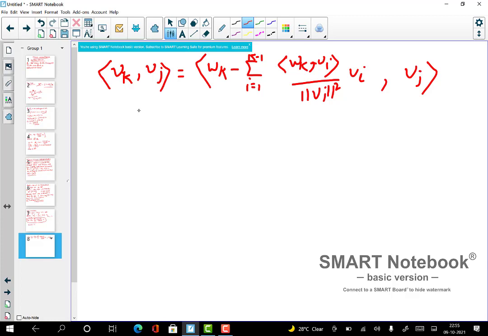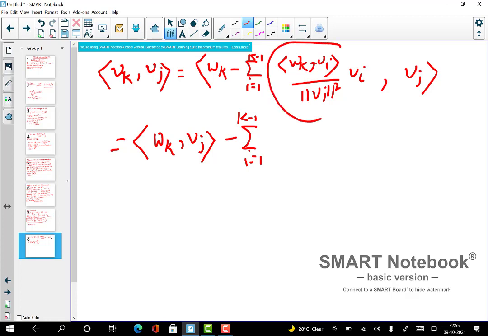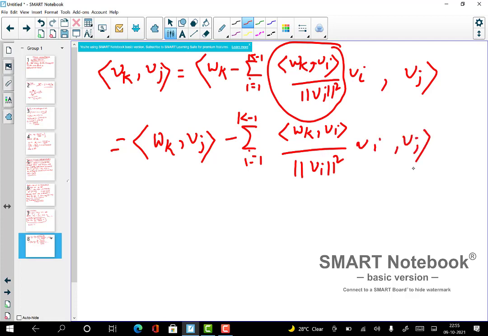Now for any j, the inner product property tells you that this is nothing but Wk comma Vj, and then the inner product and sum, they come outside, so this will be the sum over i equal to 1 to k minus 1, and then this should be a scalar quantity, right? That comes outside also, so let me write down one more line. So Wk comma Vi over norm of Vi square into Vi and Vj, right?